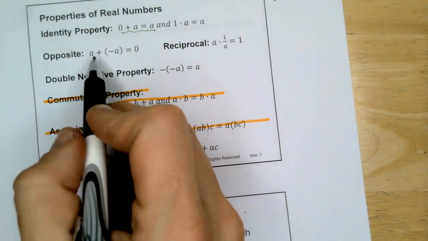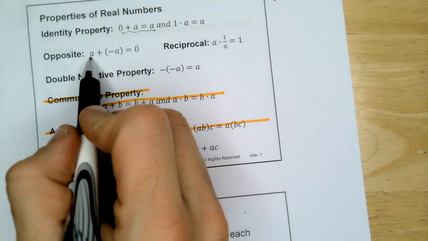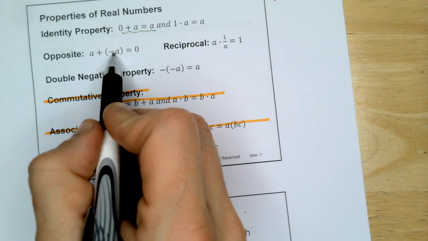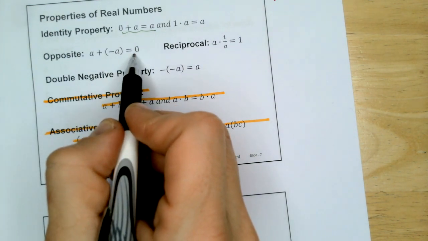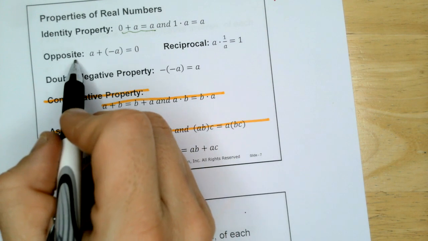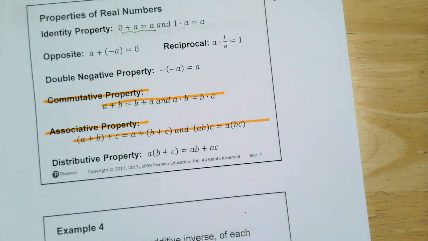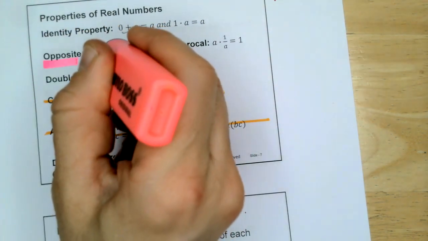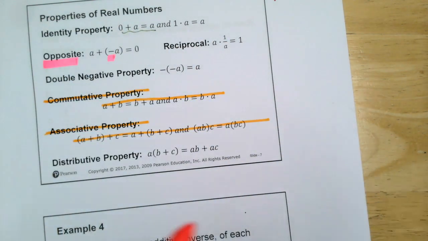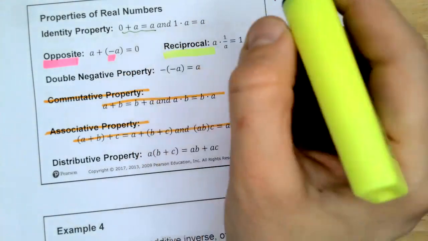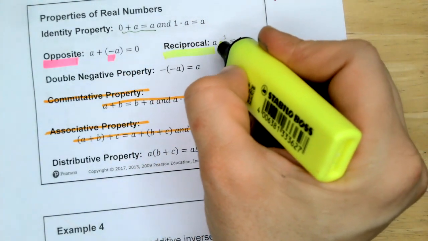Good? Opposites just mean a number and the negative of that number are opposites because if you combine them, they will equal 0. The opposite is different from the reciprocal. So think about the opposite as 1 is positive, 1 is negative, okay? But the reciprocal is you flipped it.